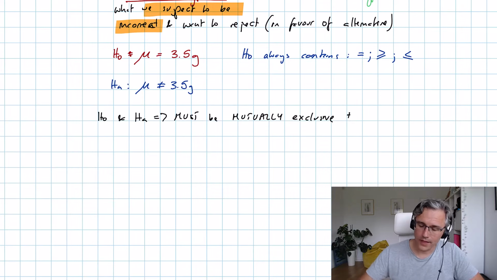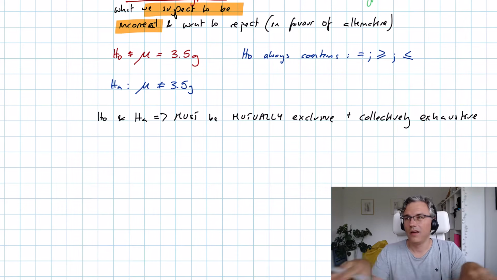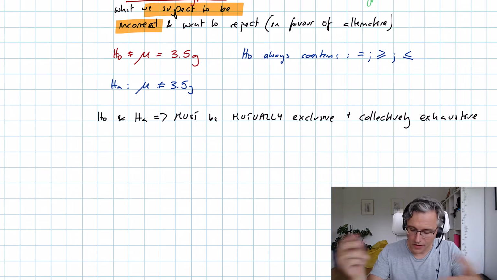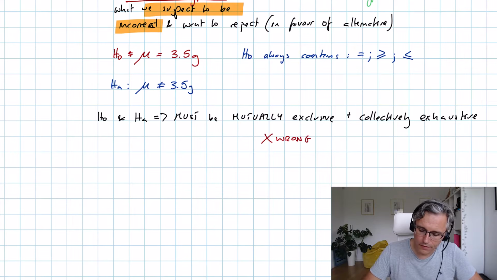And on top of that, they must collectively be exhaustive. They must, when put together, cover the whole range of possibilities. So, for example, this would be wrong if you had H0 stated as mu equal to 3.5 grams and the alternative hypothesis saying that mu is less than 3.5 grams.